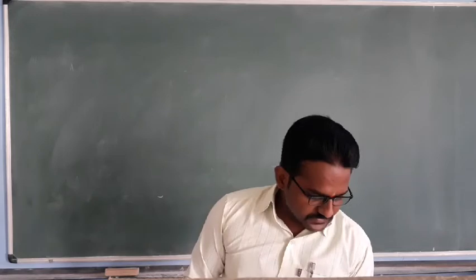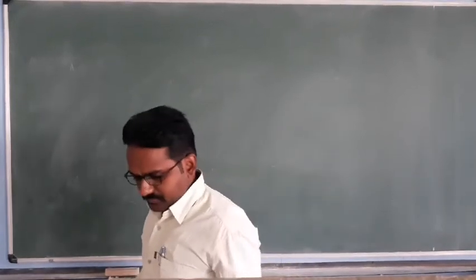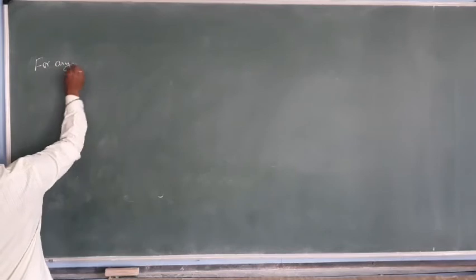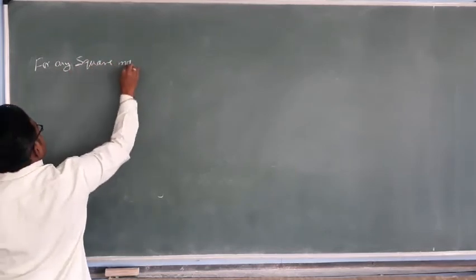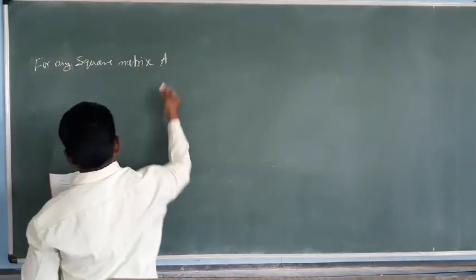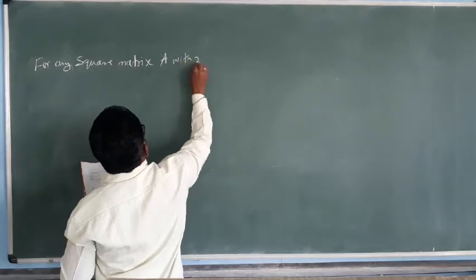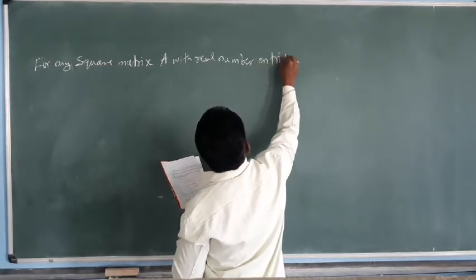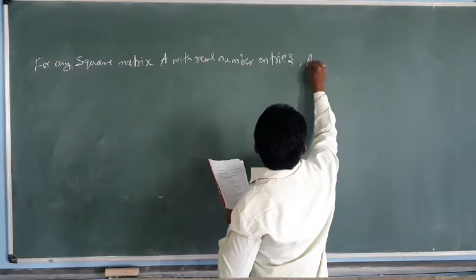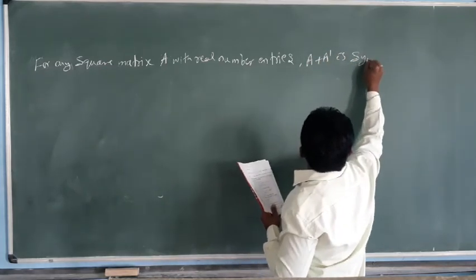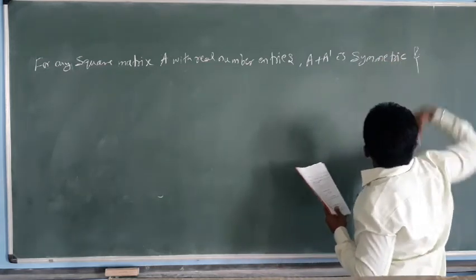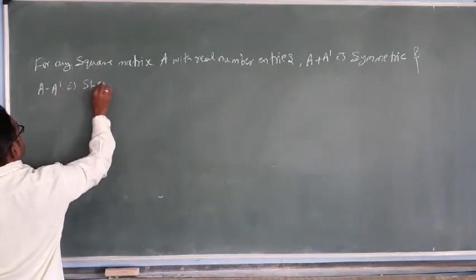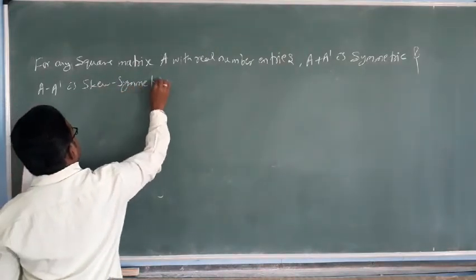So the next concept is, students, for any square matrix A with real number entries, A plus A dash is symmetric, and A minus A dash is a skew symmetric matrix.